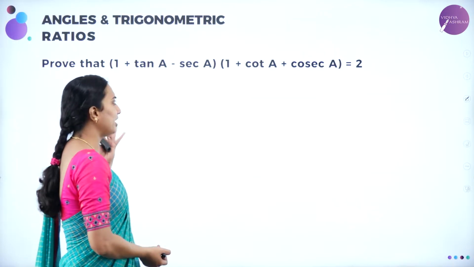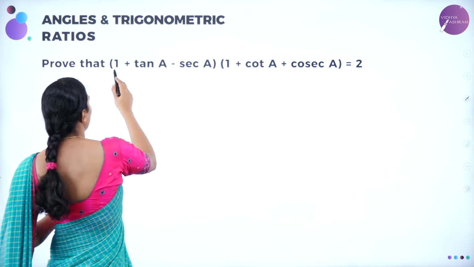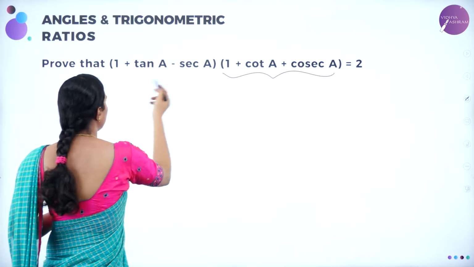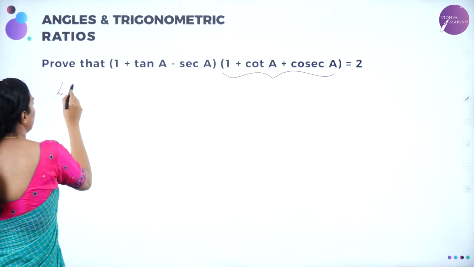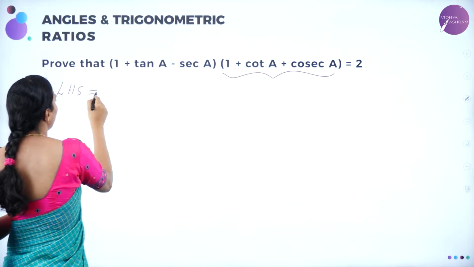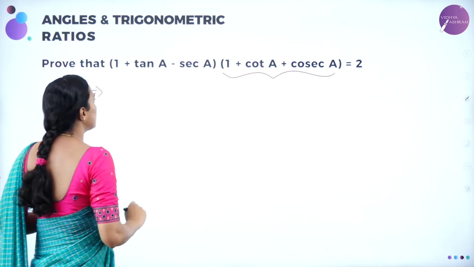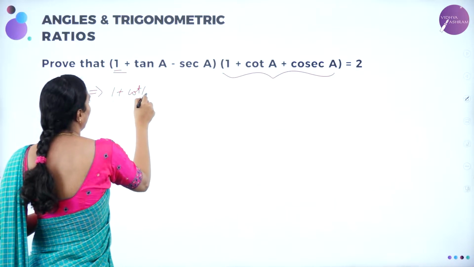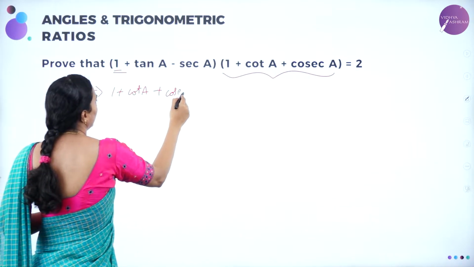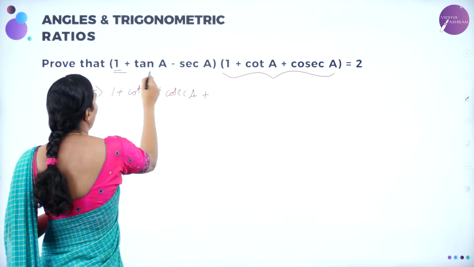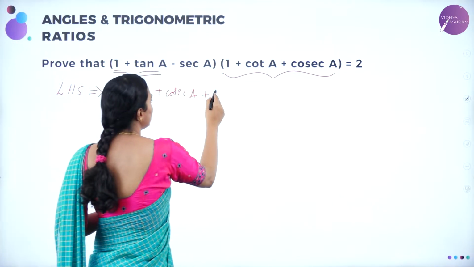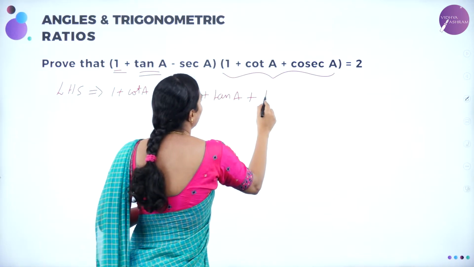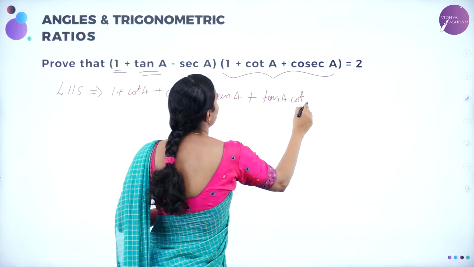So let me multiply each other here. This 1 will be multiplied with all the terms of this. 1 into the same will be the same thing. So taking the LHS here, you're going to see 1 plus tan A, you're going to multiply 1 with all the terms, which will become 1 plus cot A plus cosecant A, plus now tan A with all the terms. Tan A into 1 is tan A, plus into plus is plus, tan A into cot A. These are reciprocals of each other.